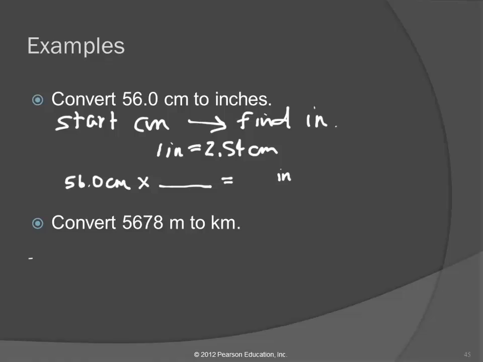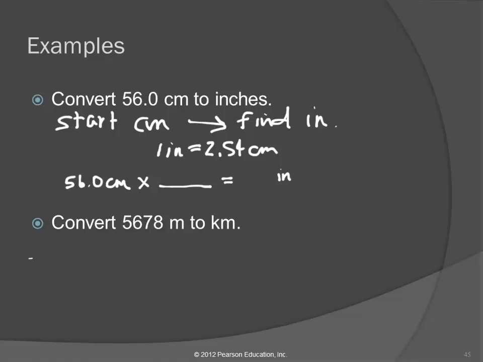Now, we're going to use the units to figure out what goes on top and what goes on the bottom. So if we look at this path that we decided upon, centimeters to inches, those are the units that go in the numerator, in the top of everything.